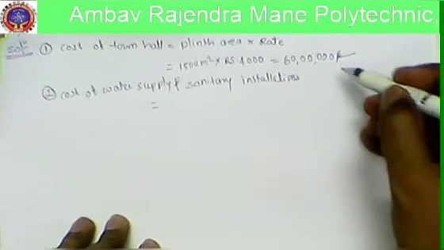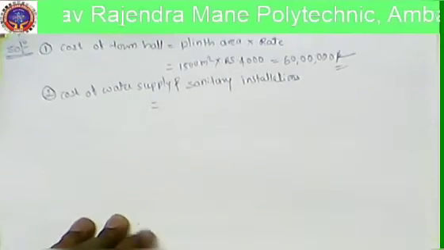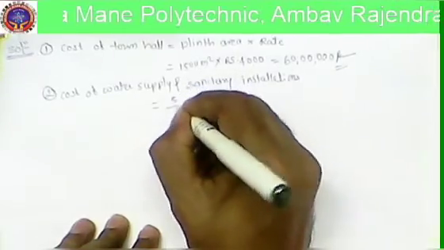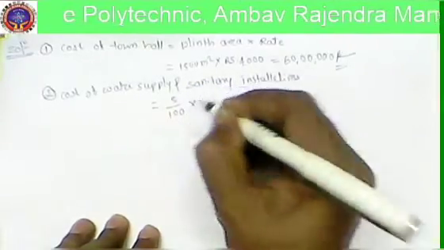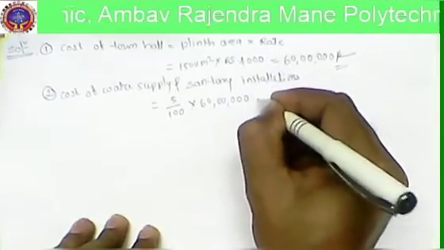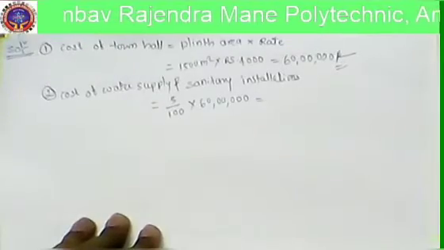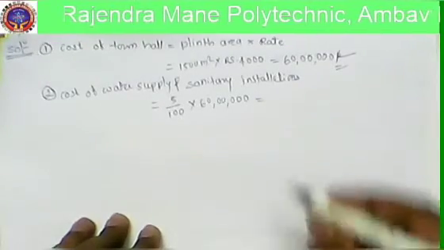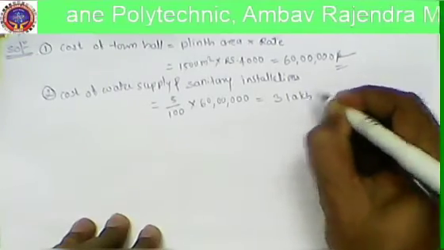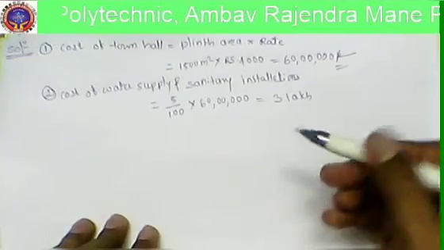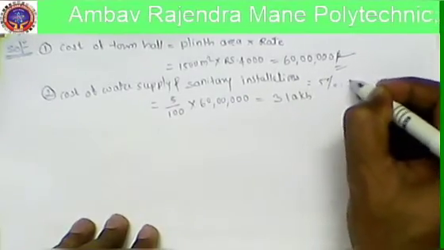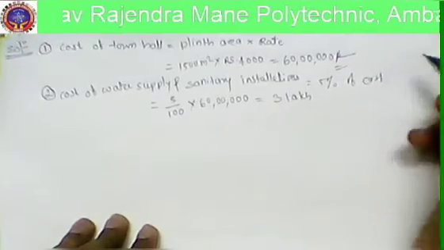Now total cost of building is 60 lakh and 5% of that 60 lakh, that is 5 divided by 100 into 60 lakh. So it is equal to 3 lakh. So the cost of water supply and sanitary installation is 5% of cost of building.